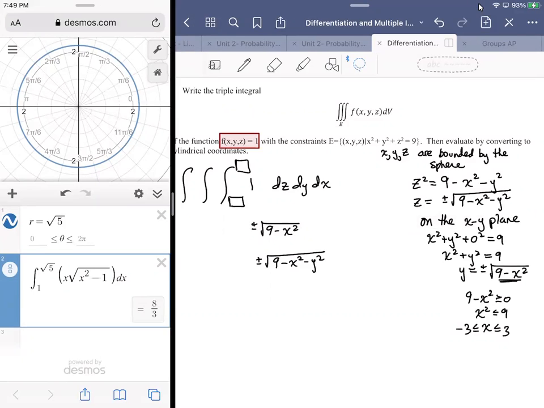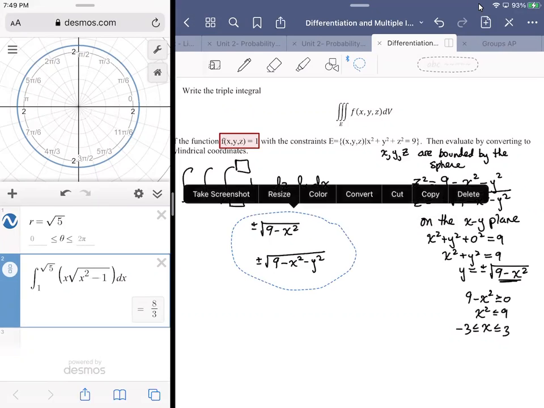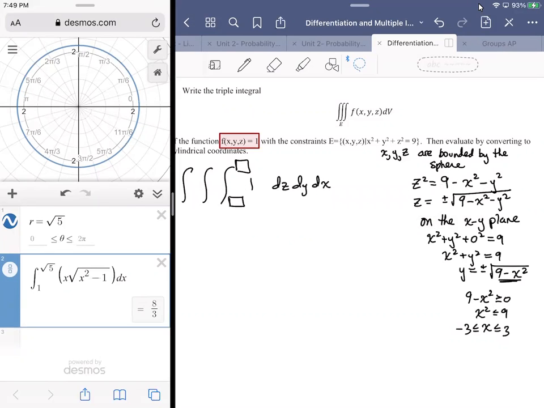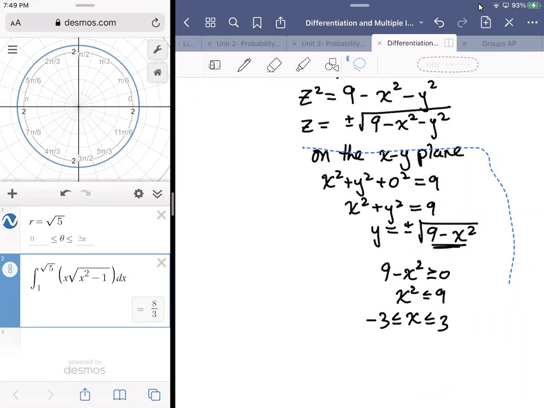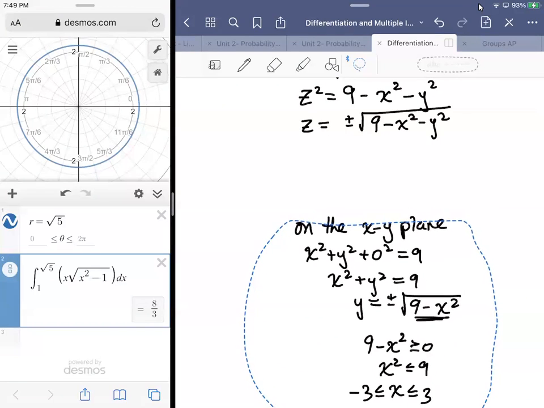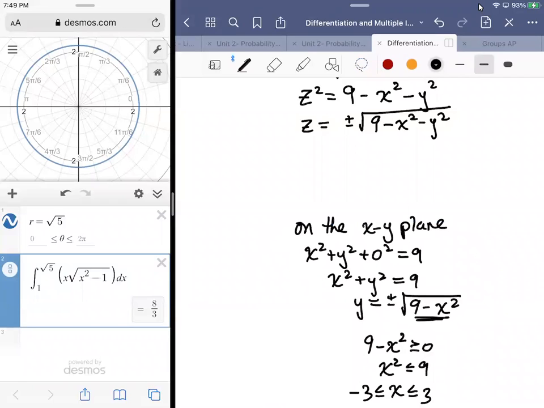So instead, what we'll do is work this so that it's accessible using polar coordinates. The first thing I would look at is my z equation. That could be thought of as plus or minus the square root of 9 minus parentheses x squared plus y squared.